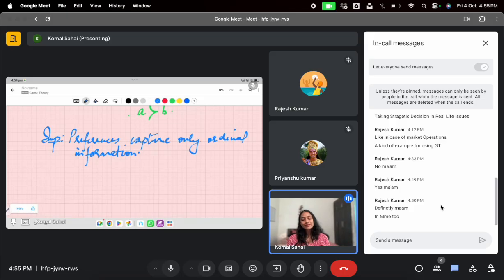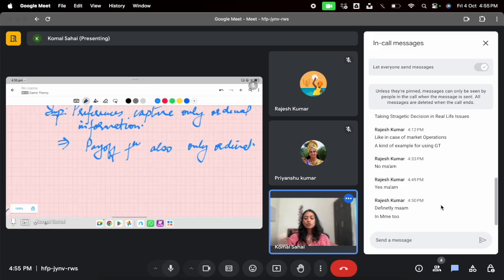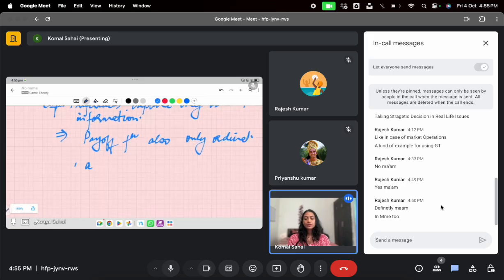Okay? So since this is the case, any payoff function that represents a preference is also only ordinal, right? You can assign utility to A as 10 and utility to B as 5, or you can assign utility to A as 2 and utility to B as 1.5.